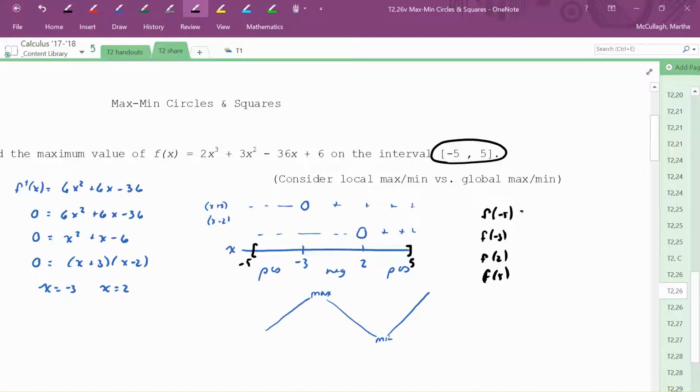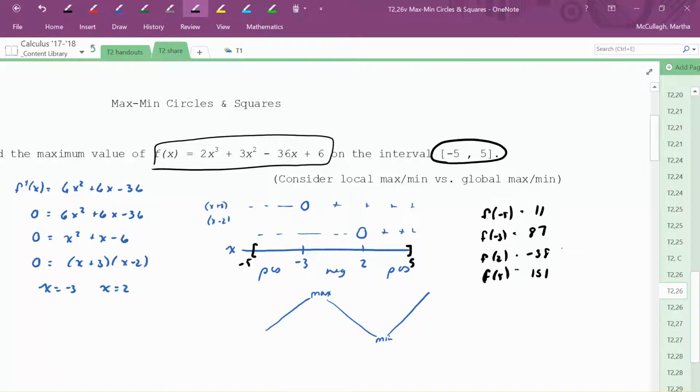So plugging these values into our original equation, f at -5 is 11. At -3, it's 87. f at 2 is -38. And f at 5 is 151.